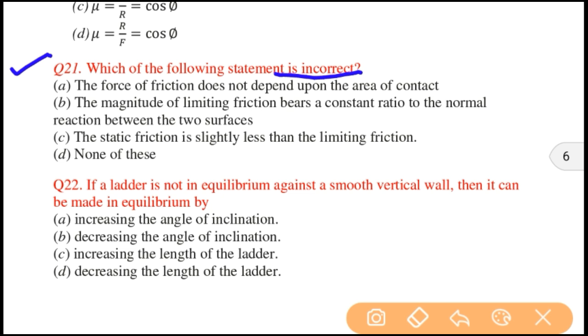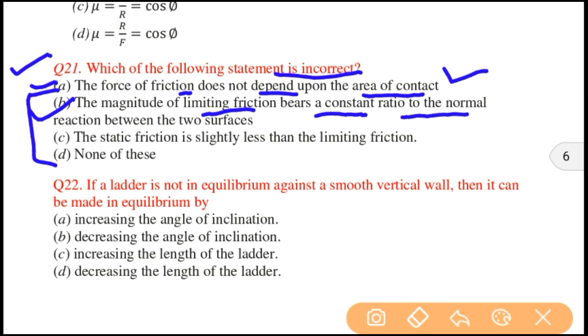In the next question, which of the following statements is incorrect? Here, some statements are given. We have to find the incorrect statement. Statement A: the force of friction does not depend upon the area of contact. It is correct. Option B: the magnitude of limiting friction bears a constant ratio to the normal reaction between the two surfaces.